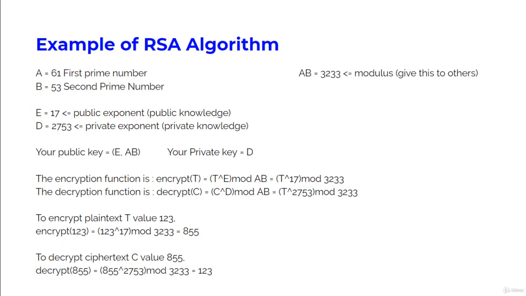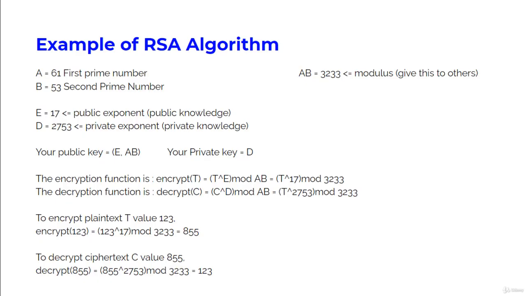Let us consider two components of this algorithm. E is equal to 17, which is the public component, which everybody can see, and D, which is 2753 in our case, is the private component, which is only reserved for the authority.